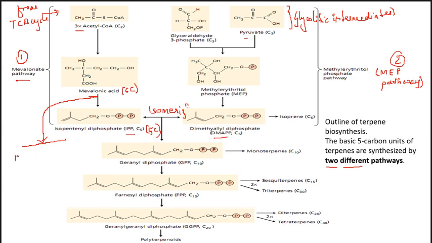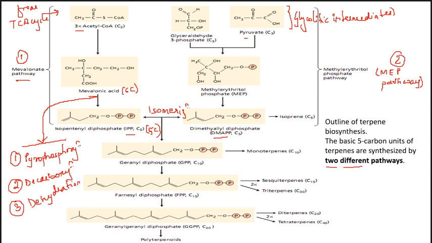One is pyrophosphorylation. Second, since 6-carbon is forming 5-carbon, it will be decarboxylation. And the third is dehydration. One molecule of water is removed. So these 3 processes are working here.